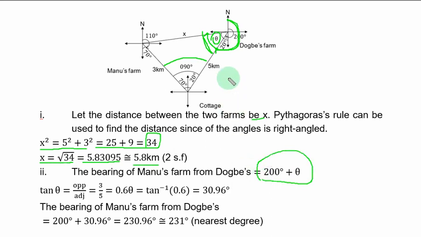We can get theta easily since the triangle is a right angled triangle. So tan theta is equal to opposite over adjacent, and that is 3/5. If you divide, you have 0.6.